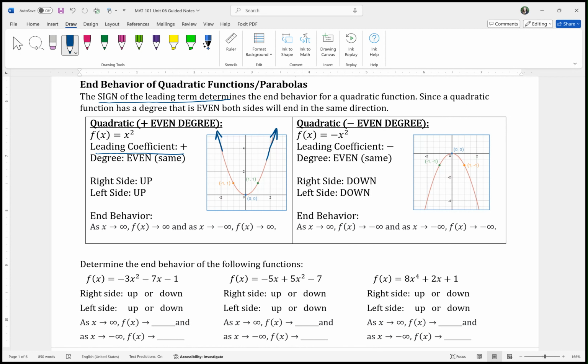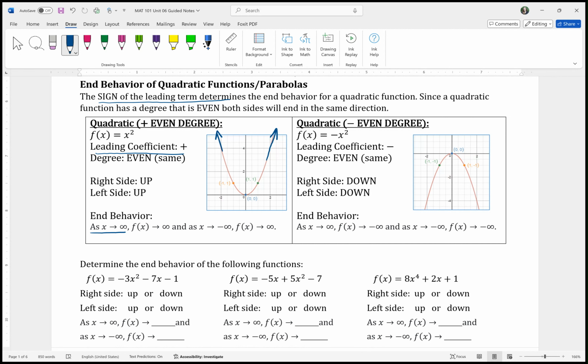Now let's talk about this notation here. This can be a little confusing. This might be the first time you've seen this type of math notation, and that's okay. Let's interpret what's going on. This part right here says as x, and the little arrow means approaches or goes toward infinity. On a number line, which direction does x go to infinity?